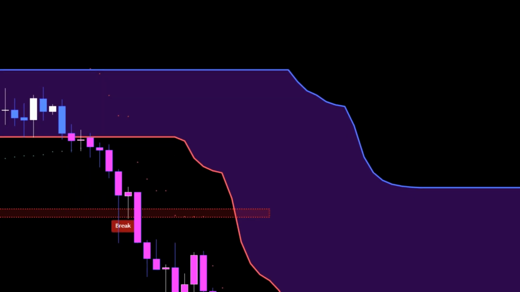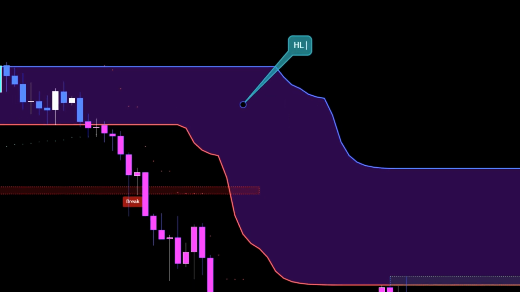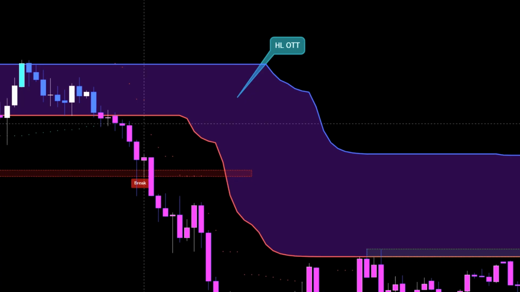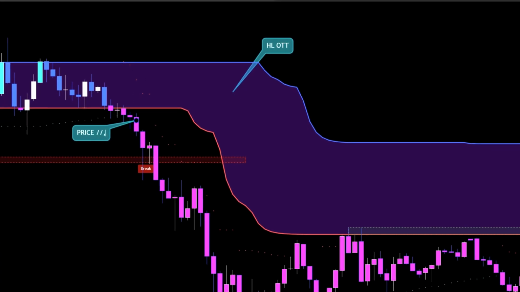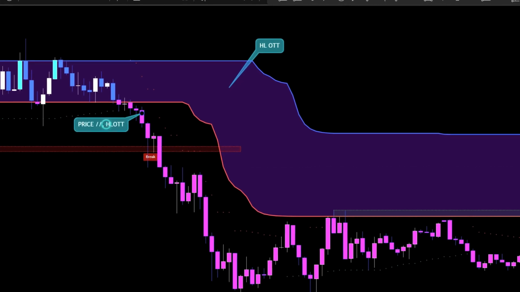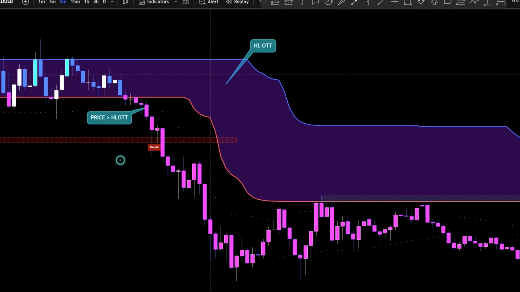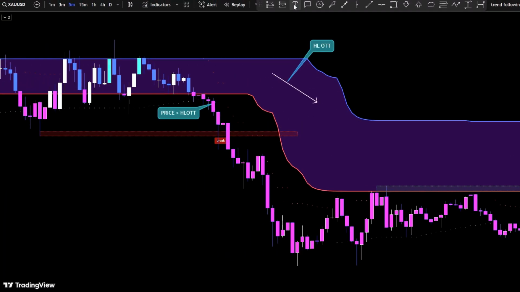Now, what about sell trades? The rules are pretty much the mirror image of what we just talked about. If the price is below the HLOTT indicator, that suggests we're in a downtrend. Then we look for a support level, an area where price has had trouble falling below.